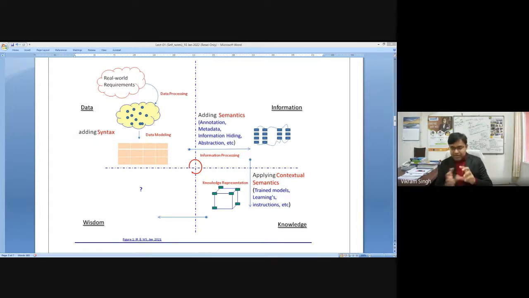And that's why it is sometimes referred to as data plus semantics, and data plus semantics with contextual information. Contextual information means something related to the scenario, the situation, or the application space where this information object will be consumed, right?